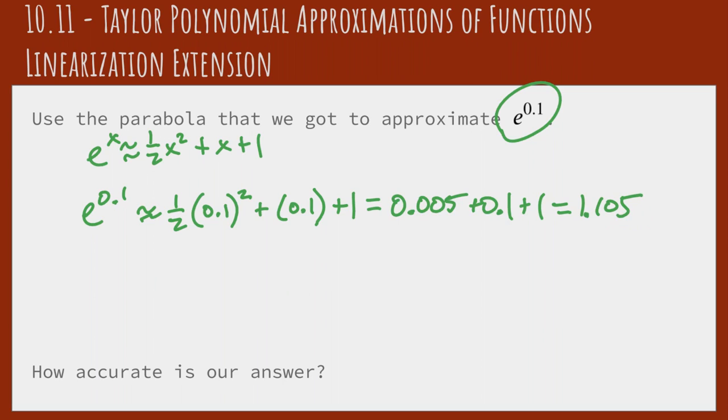Okay, so just taking out all the middle stuff, e to the 0.1 with our approximating parabola is about 1.105.